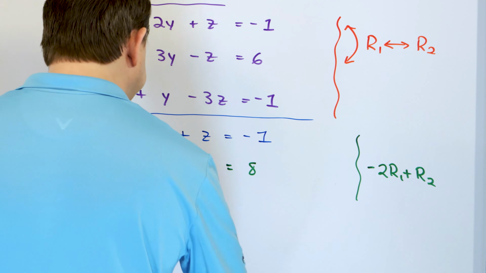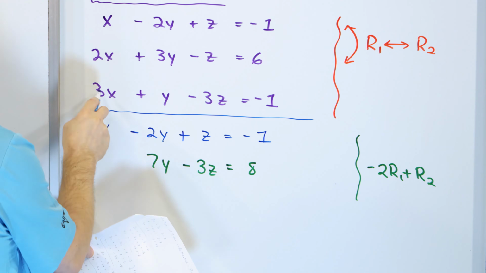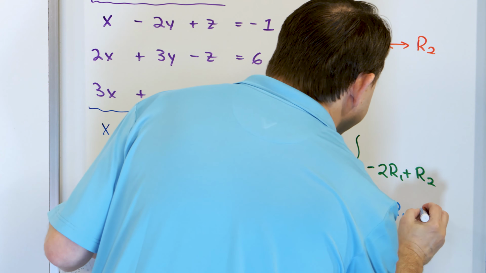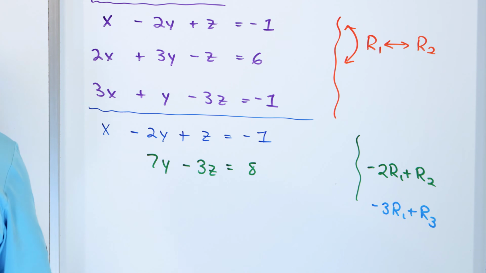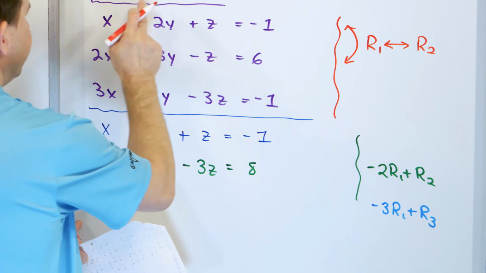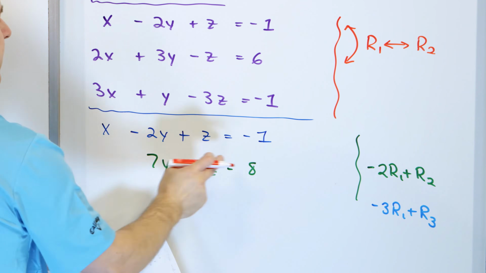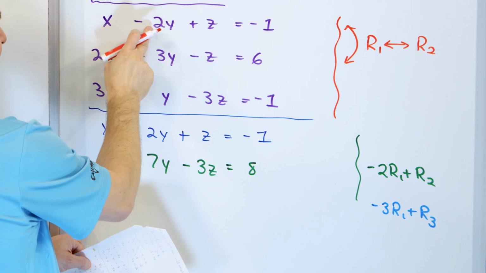Okay? How do I eliminate the 3x? Let's multiply the first equation by -3 and add. So we will say -3 times row number 1 plus row number 3. And then -3 times this equation will give us negative 3x. We add that, we get 0. Negative 3 times this will give us positive 6. Negative times negative is positive.